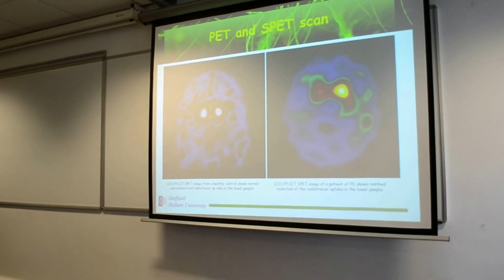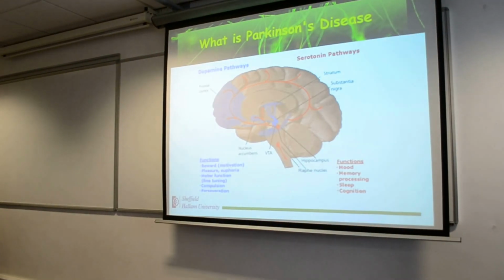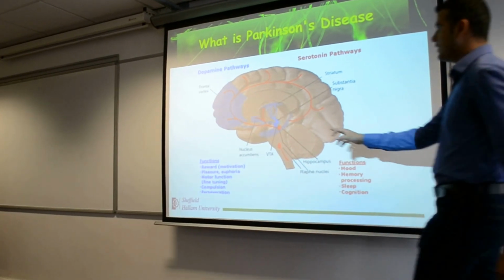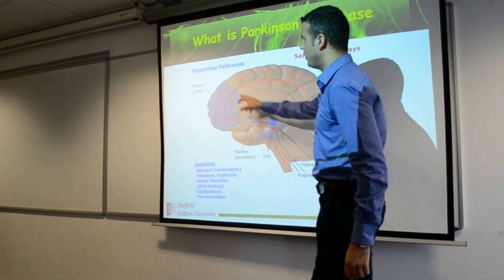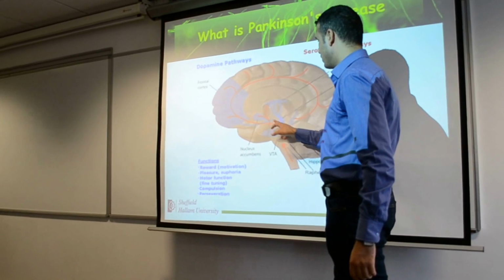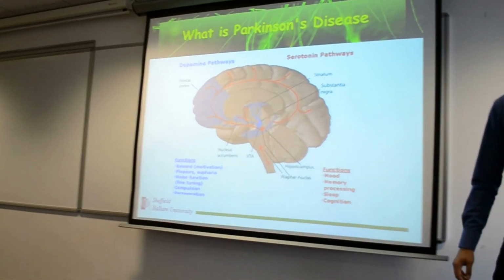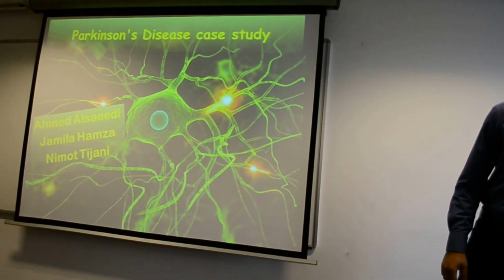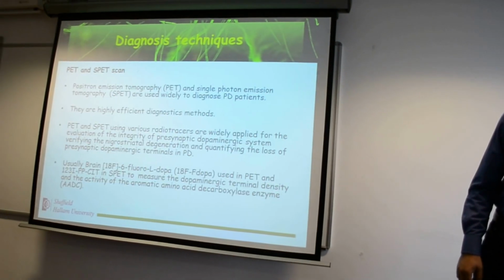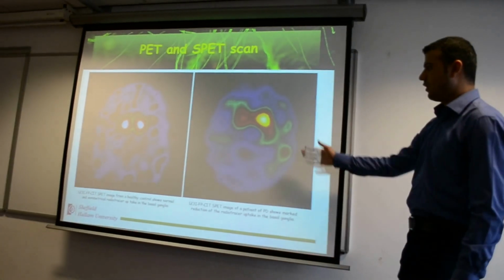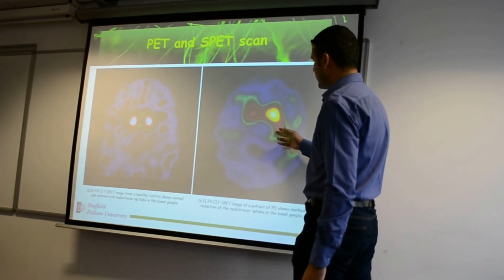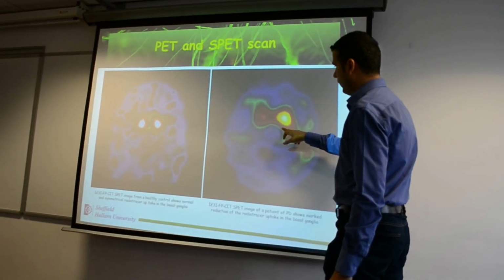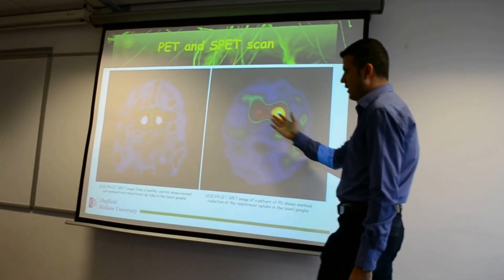If we come back here, there is a defect in this region, the dopamine pathway region. So we can see here that the uptake of the radio tracer by this tissue is higher than normal.